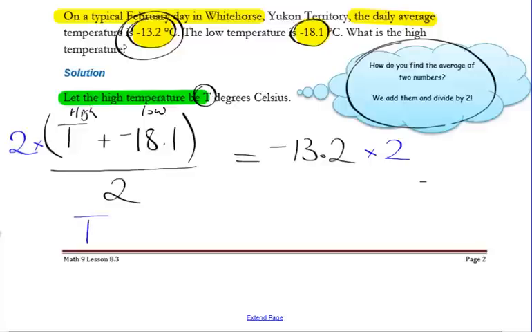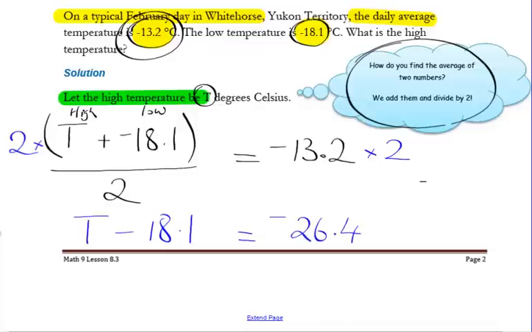So that leaves us with t. Now it's plus negative 18.1. I'm going to choose to write that as minus 18.1. And over here we've got 2 times 13.2, so 26.4, and it's negative, isn't it? So what's the next thing to do?